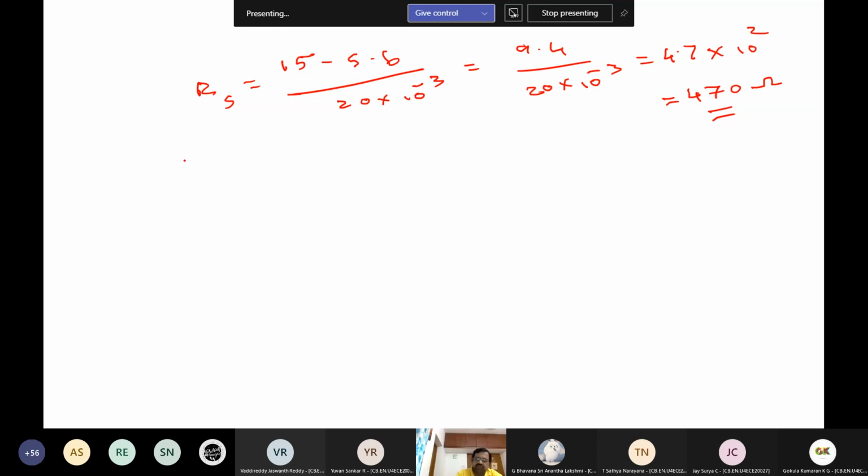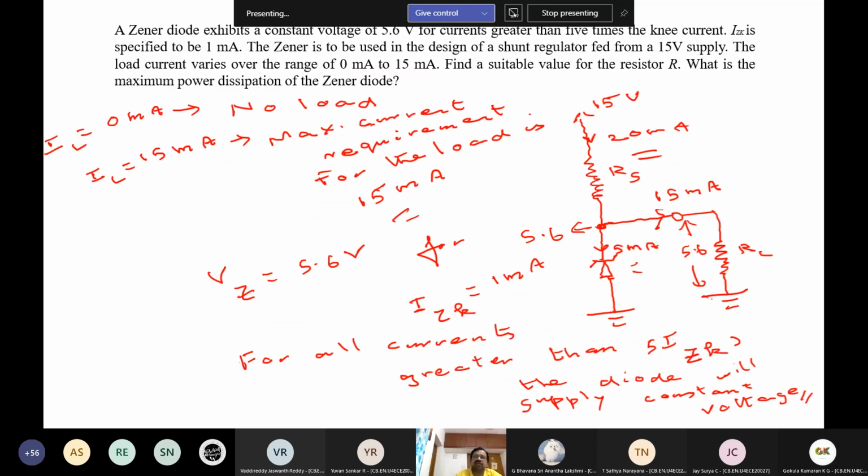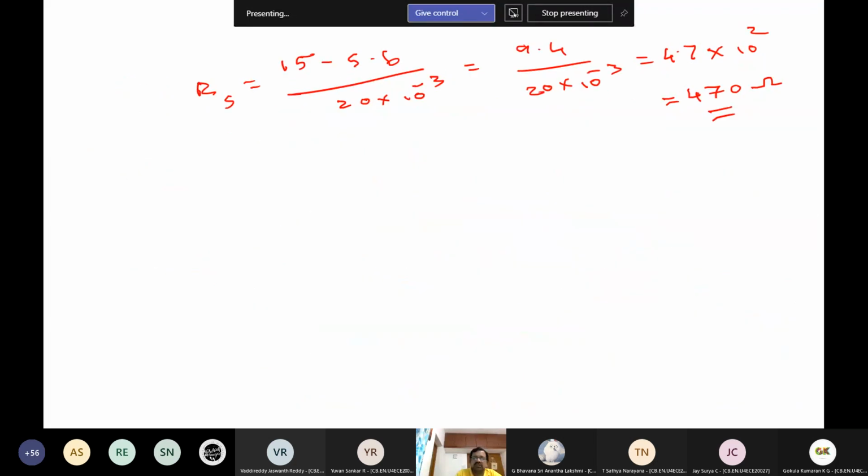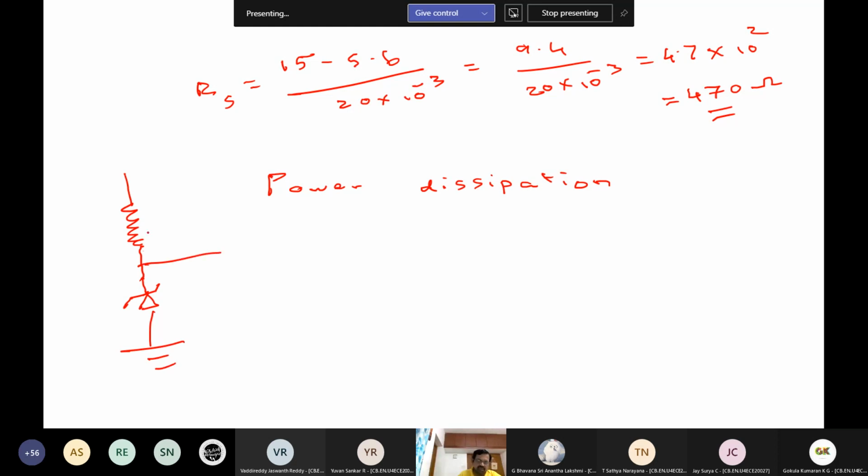Now the next question asked is, what is the maximum power dissipation of the Zener diode? Which is very simple. I want you to think through this. So now that I have constructed this regulator like this, it is 470 ohms.